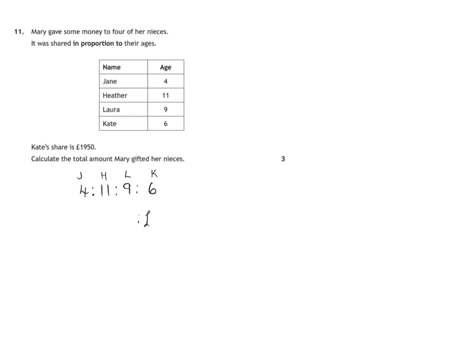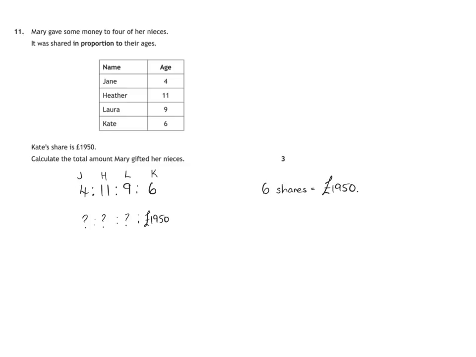We know that Kate got £1,950. So we know that 6 shares is equivalent to 1,950. We don't know the other ones.